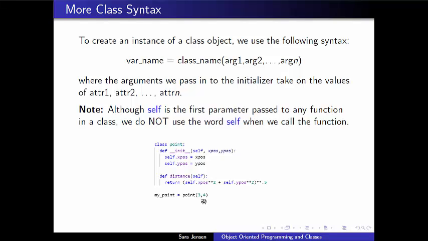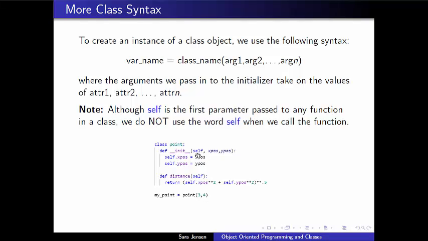Just to be very explicit, notice the difference between the definition of the initializer and the call to that initializer. The word self is written here as the first argument to the initializer function, but we don't use 3 arguments when we call the function.